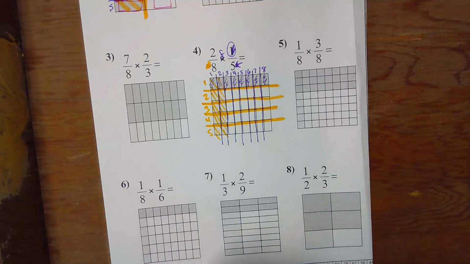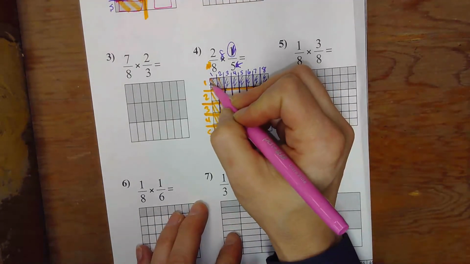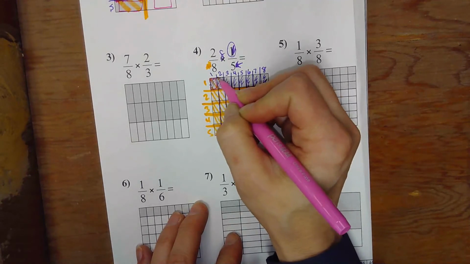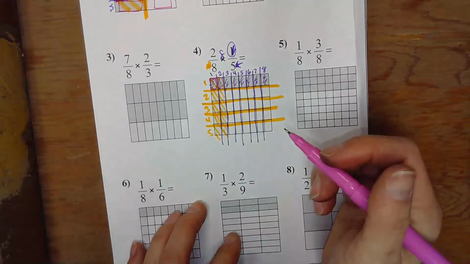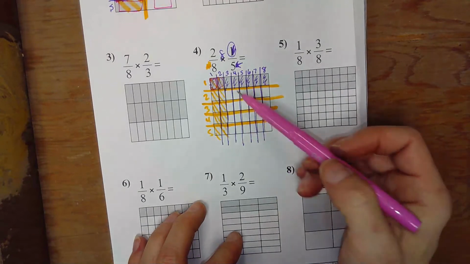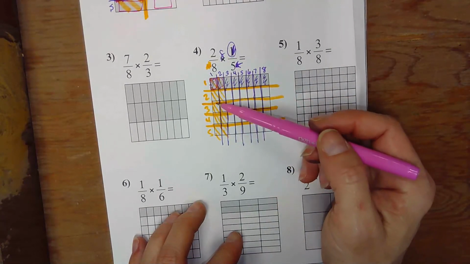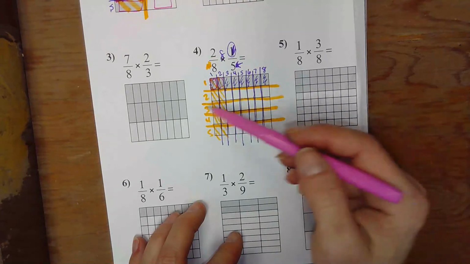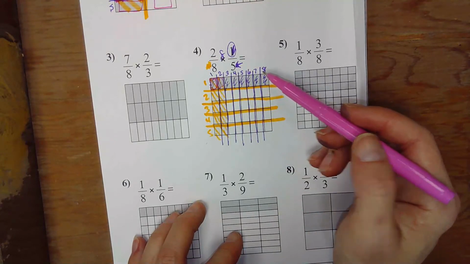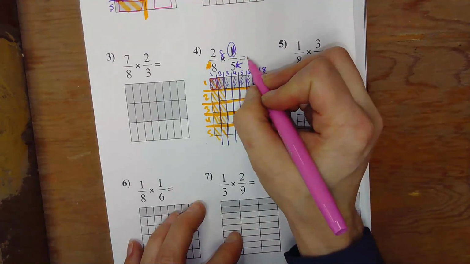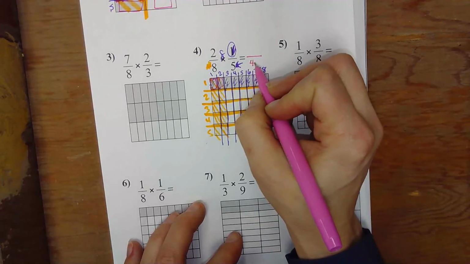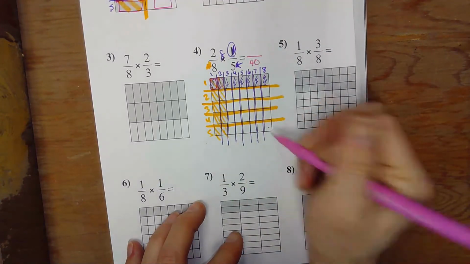Next thing I need to do is figure out how many of these little tiny pieces are there in the whole box. I'm not going to count them. I know there are 8 in each row, and there are 5 rows. So 5 times 8 is going to give me 40 little pieces this size in the whole thing.